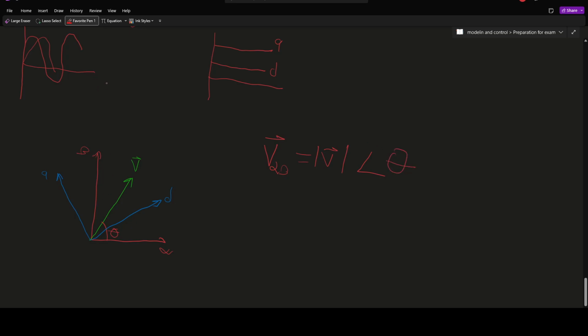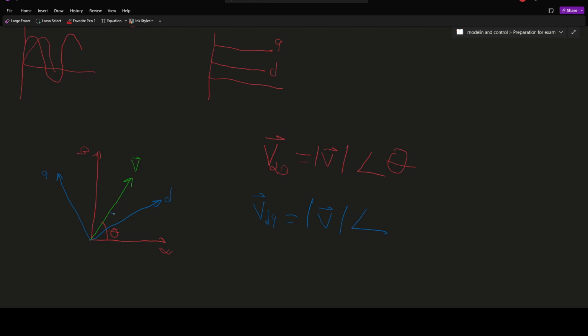And we can do exactly the same thing for this phasor represented in the dq reference frame. We are going to have our magnitude, okay? And what is the angle with respect to this reference frame?